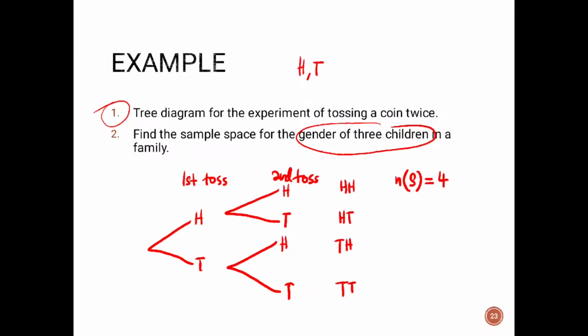For the first experiment, the sample space can be listed as HH, HT, TH, TT. This is the sample space.